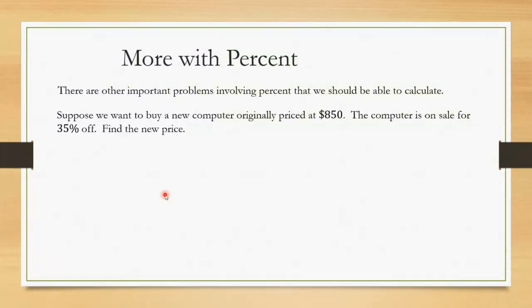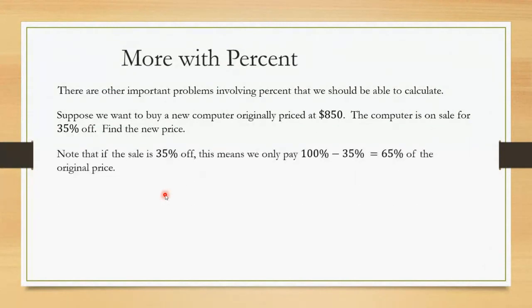We want to figure out what the new price is. Well, there are different ways of doing this. One way is really what I just said. If it's 35% off, that part is removed. What's left? 65%. So we're only paying 65% of the price.